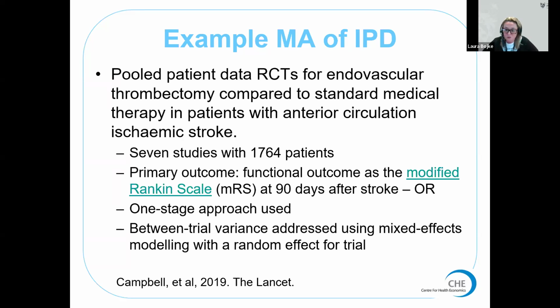The one-stage approach was used here, so that regression analysis, taking each of those 7 studies, combining them and having an individual level study identifier. So it creates one giant data set, and I've put the link there for those that are interested in reading up a little bit more. You may be in the luxurious position of having 7 individual level data sets, but it doesn't often happen to most of us.